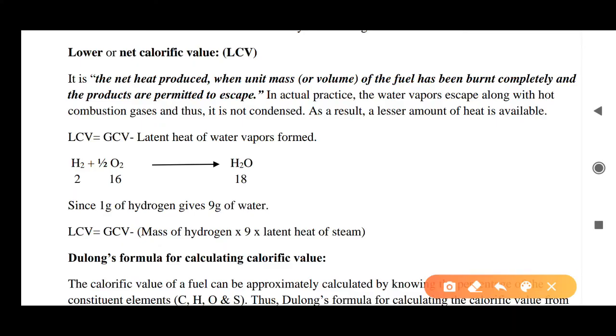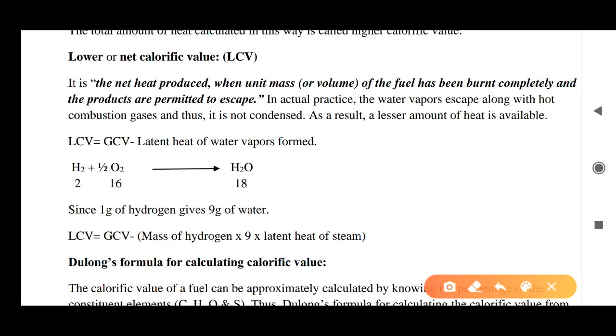As we know, when we burn fuel containing hydrogen as one constituent, it gives water as a product. This water molecule absorbs some amount of energy produced during combustion and gets evaporated to vapor phase.